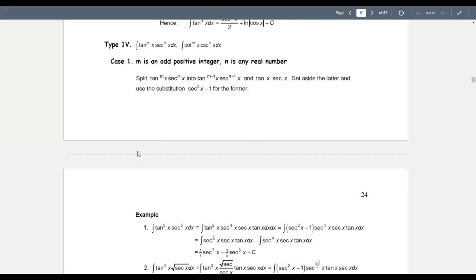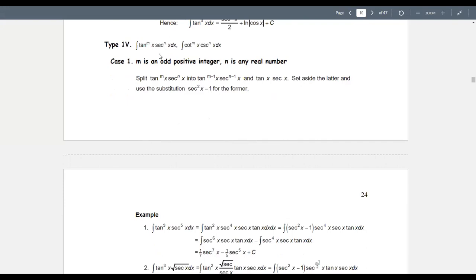Now, case 1: m is odd and positive, and n is any real number. Meaning this m here, which is the exponent of the tangent or the exponent of the cotangent, is odd and positive.